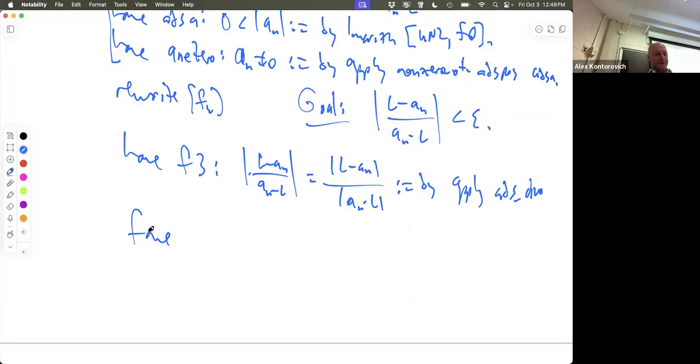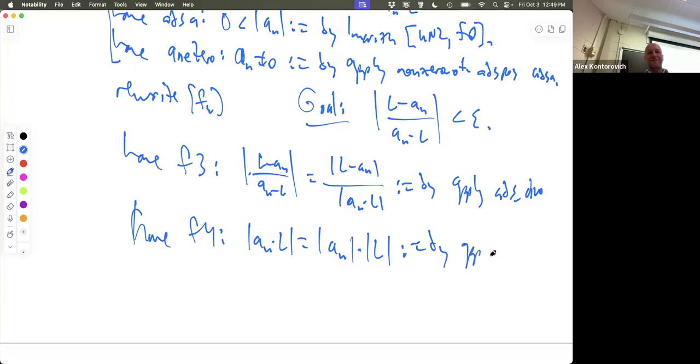Let's do a have, not a fav, but a have. F4. What? I guess I should break this absolute value up. Absolute value of a_n times L should be absolute value of a_n times absolute value of L. What's that by? Abs_mul.